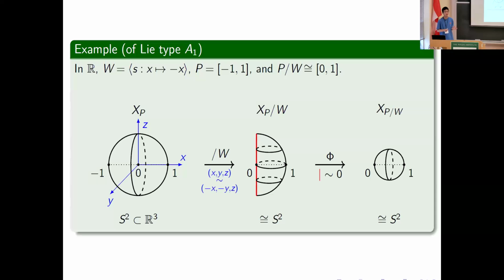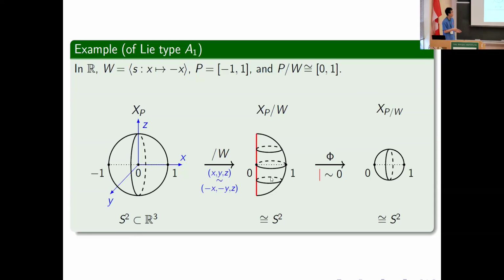So it is just the rotation along the z-axis by degree pi. So it maps the left hemisphere of S2 to the right hemisphere. And the action on the boundary circle is just a mirror reflection. So it maps the boundary circle into an interval in the quotient.